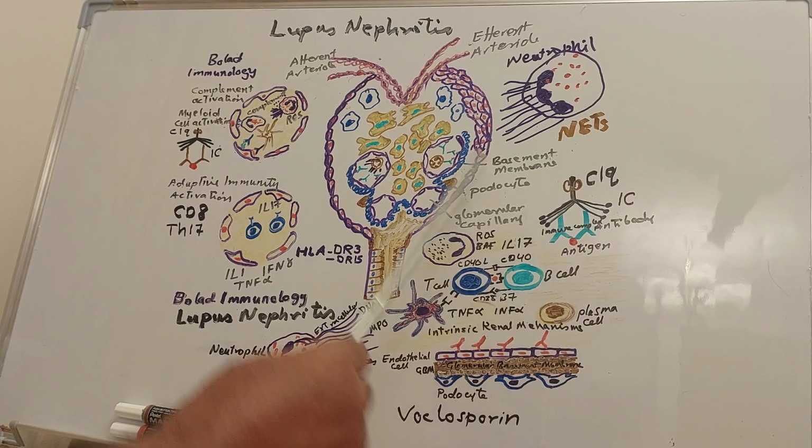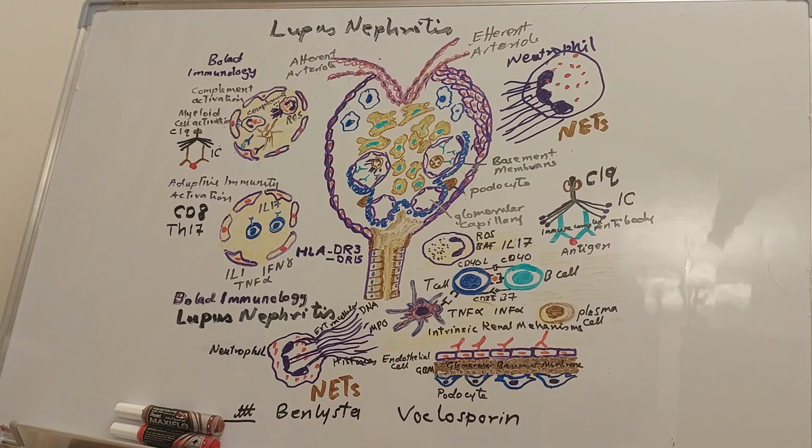So now the area is an inflammatory area due to migration of immune complexes to the kidney, or due to formation of immune complexes in situ.